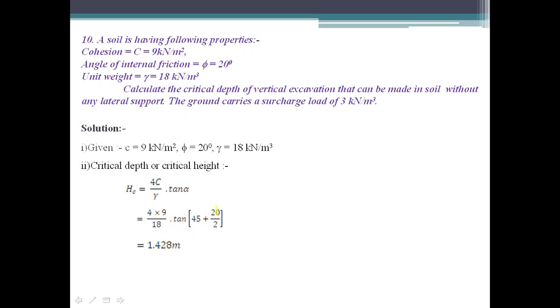Kindly have a look. And the answer is 1.428 meter. Please go through the problem first and we'll start with the second numerical.